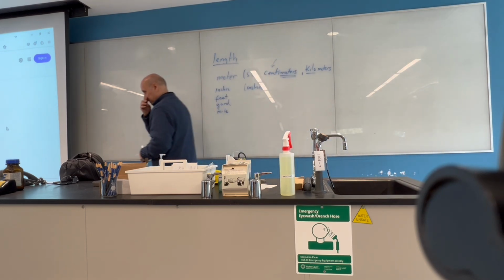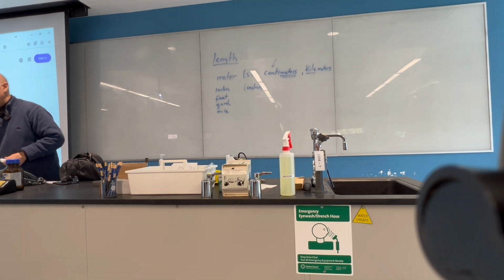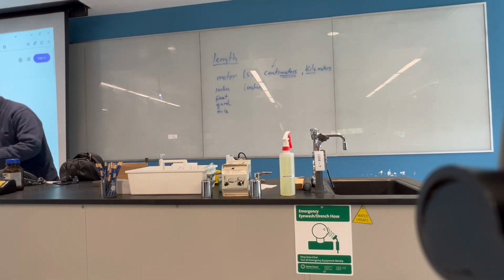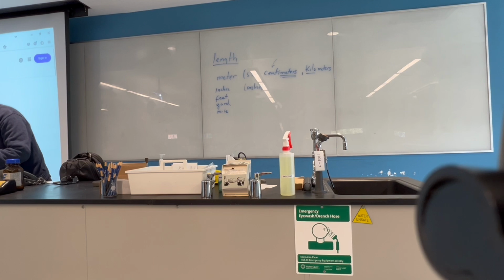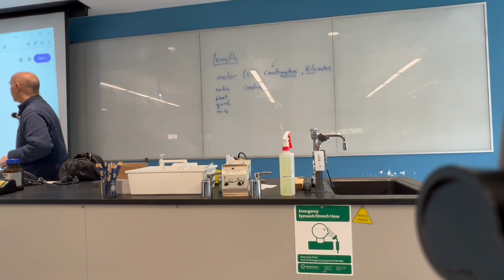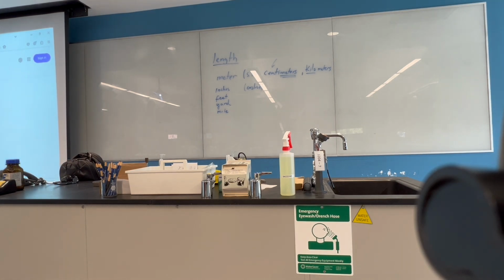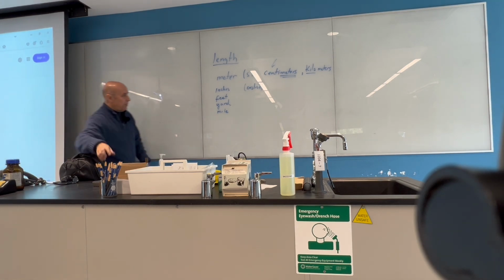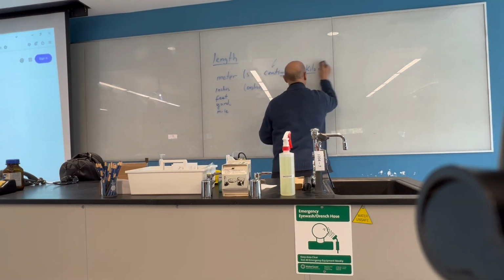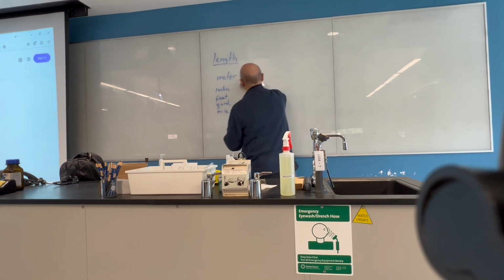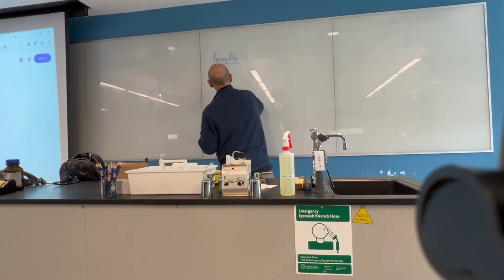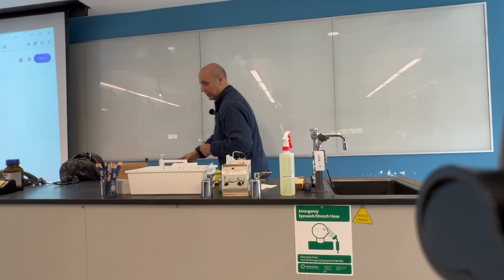Well, let's see what the computer says about 1 inch in meters. And miraculously, I get this equality. And I'm going to copy it here because we're going to use it to learn the very basics of conversion factors.